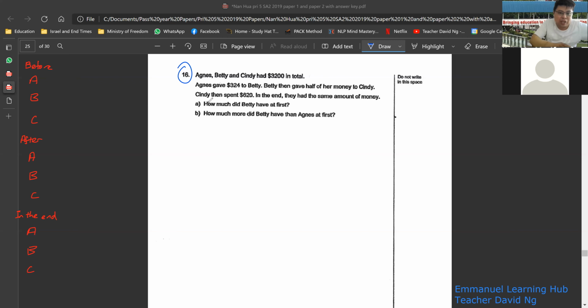After that, Agnes gave 324 to Betty, Betty then gave half of her money to Cindy, Cindy spent 620. So they went through some exchanges. The only thing confirmed that you can draw first is in the end. In the end, they have equal amount of money.